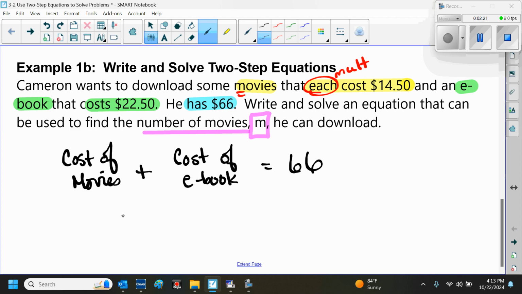Okay? So that is going to be $14.50 times M, plus the cost of the ebook, which is $22.50. And that has to be equal to $66.